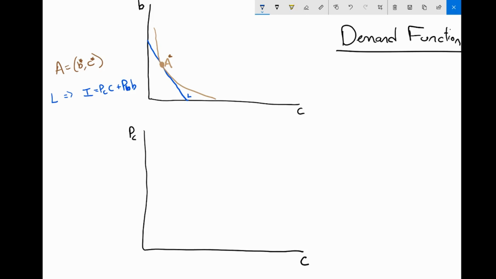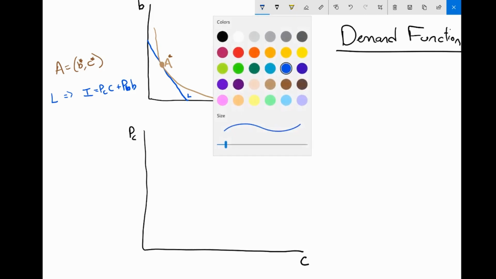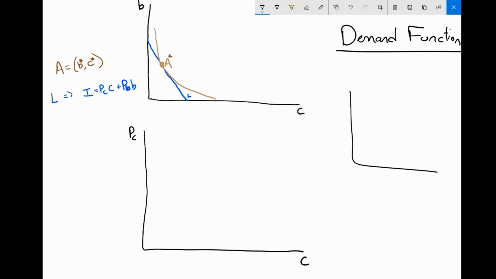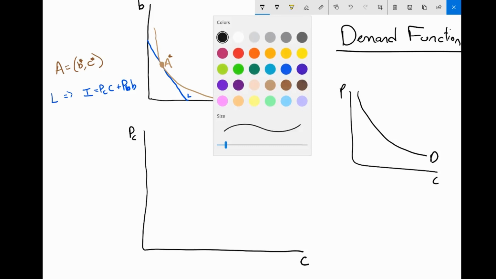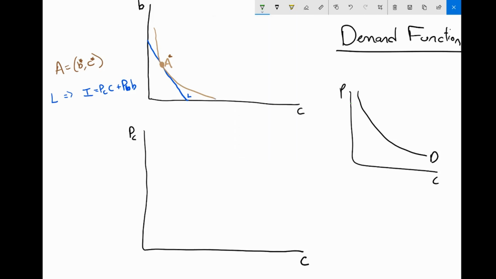Okay. All right, so now if we want to understand the demand function, remember our standard demand function relates price and quantity, and it's downward sloping, right? That means that the higher the price, the less that I demand of that good. The lower the price, the more of that good that I demand.